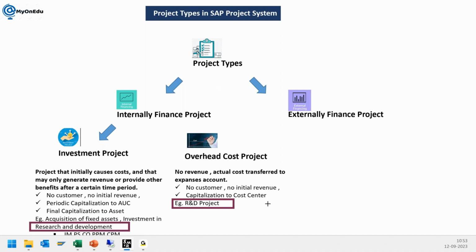If at the end the project succeeds, and we have successfully built the new prototype, then it will become our investment project. And if it fails its objective, like we are unable to achieve it, then all the cost will be treated as an overhead cost project. So that's the reason an R&D project is a part of overhead as well as the investment project.